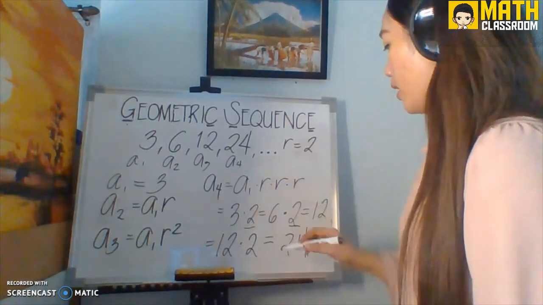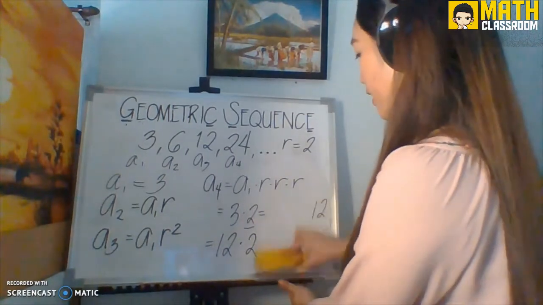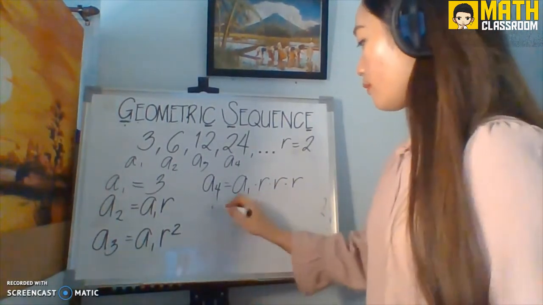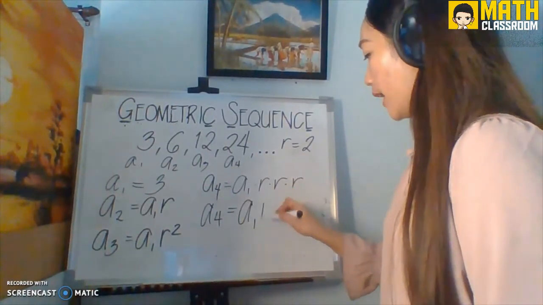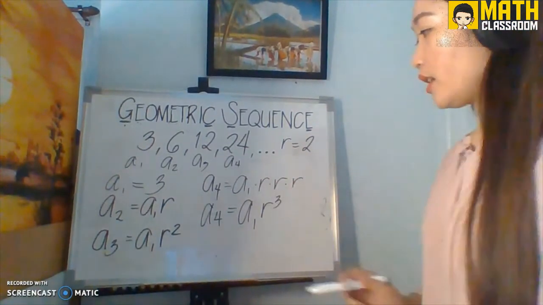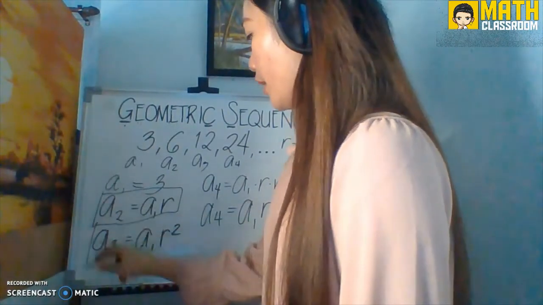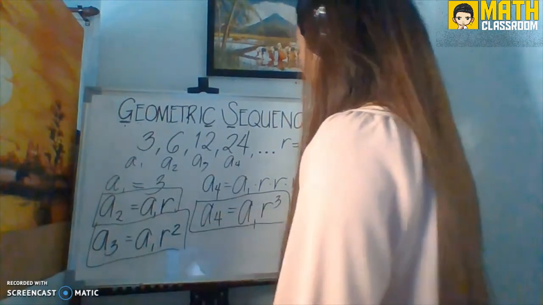So therefore, we can say that the formula for a sub 4 is a sub 1 multiplied by r times r times r, which is r cubed. So you see, I want you to observe these 3 formulas. Look at the 3 formulas.